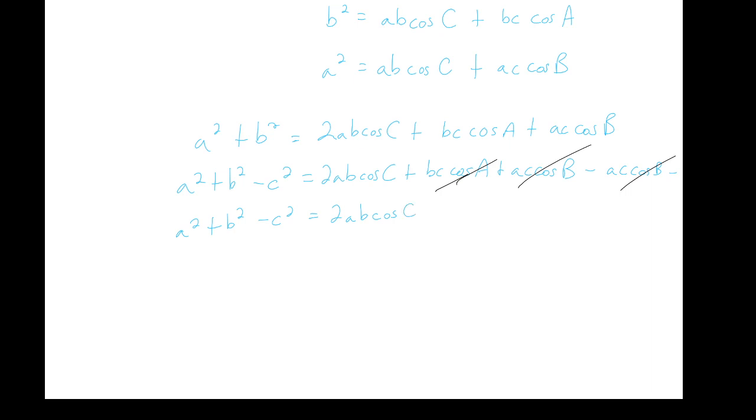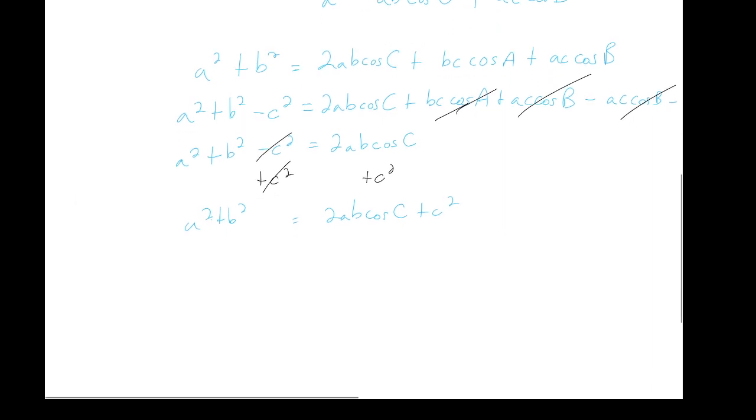Now I'm going to solve this thing in terms of c squared, right? So add c squared to both sides here, let's move this guy over. It's going to cancel that guy out on the left. So I have a squared plus b squared equaling 2ab cosine of c plus c squared.